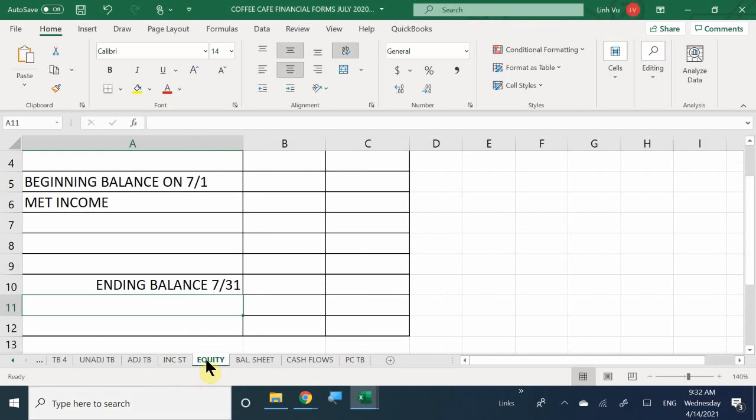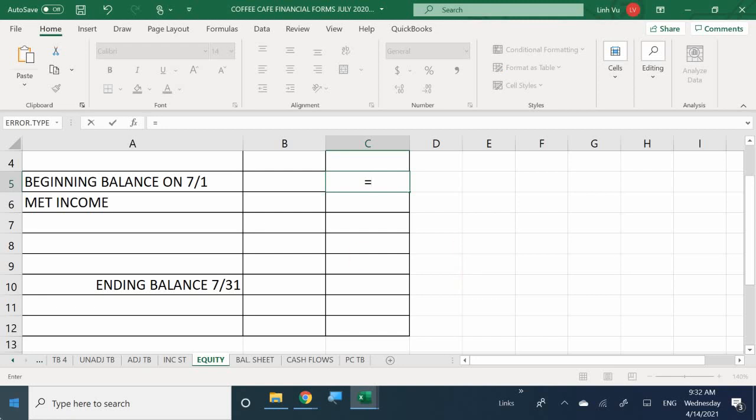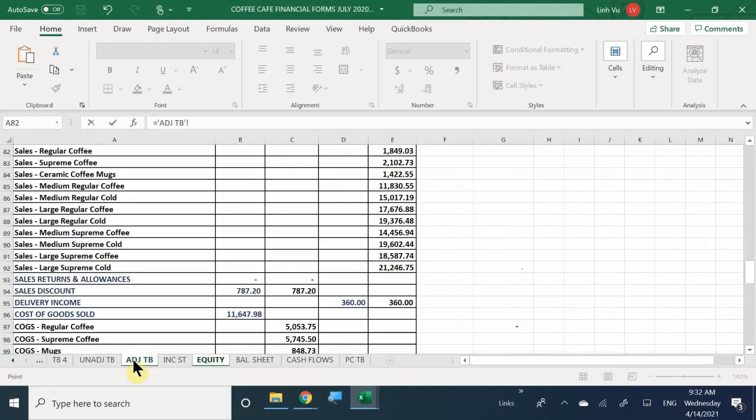So now we're going to move on to our equity. What was our equity in the beginning of 7-1? In this case, you can go to any other sheet to find your beginning balance.